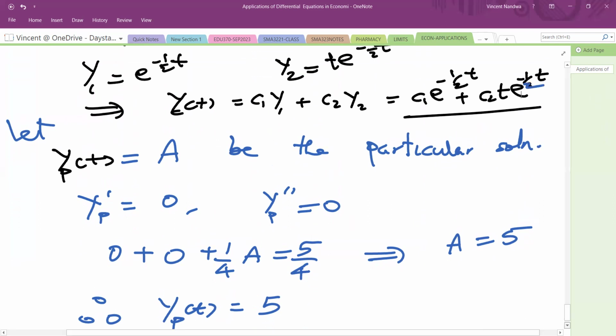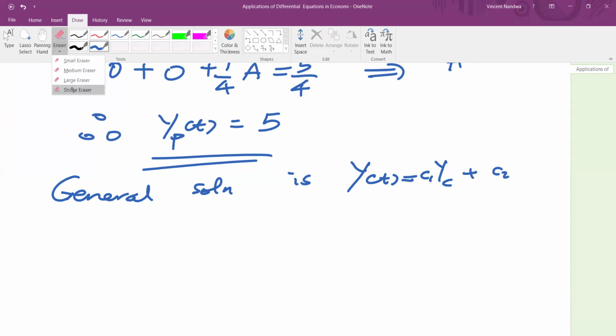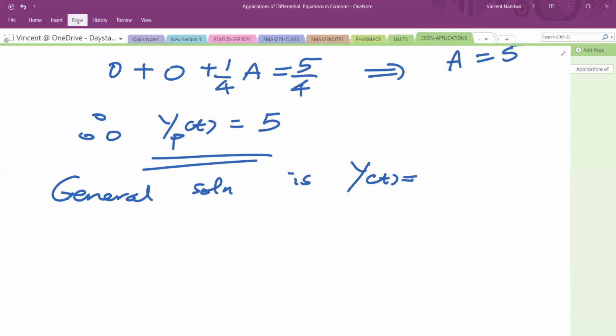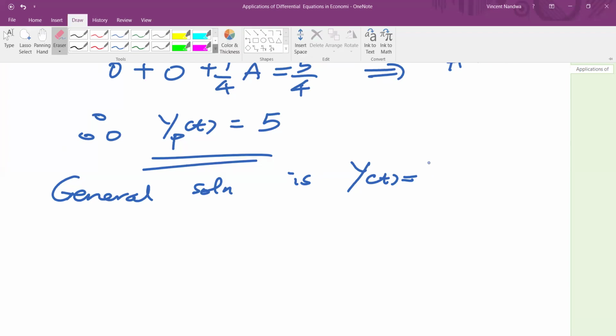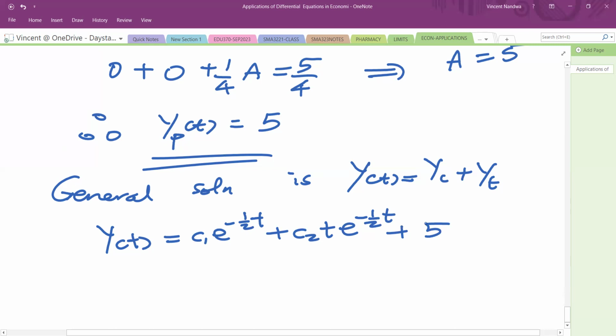Then the general solution is y of t equals yc plus yp, the homogeneous solution plus the particular solution, which will be C1 e raised to the power negative a half t plus C2 t e raised to the power negative a half t, plus 5.